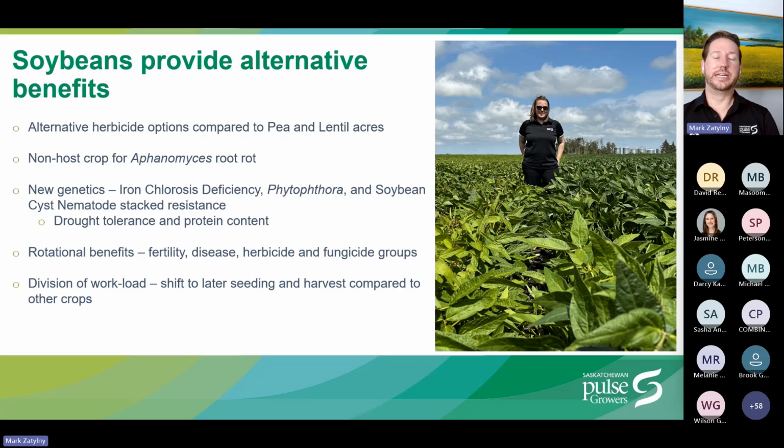And obviously, getting new genetics, new varieties that are able to be more productive in Saskatchewan are really what the growers want and what breeders are working on developing so that we are able to provide that to growers.